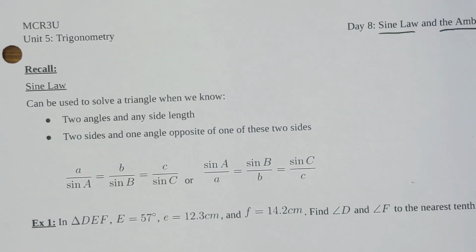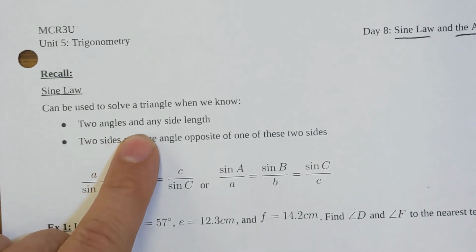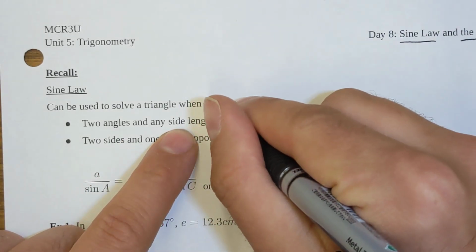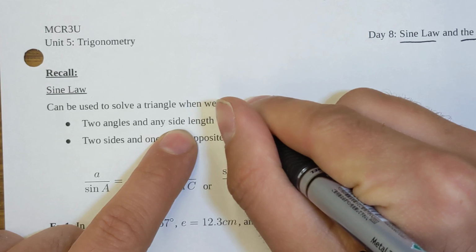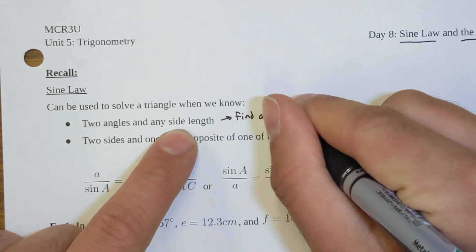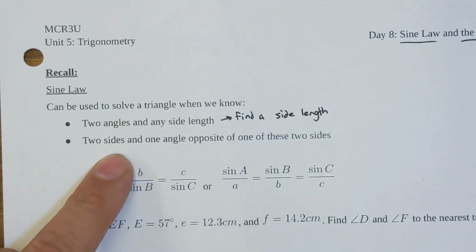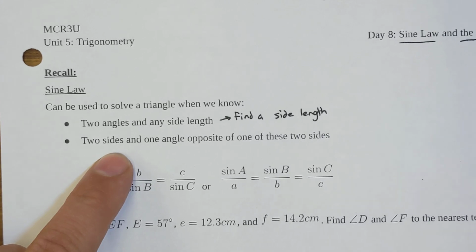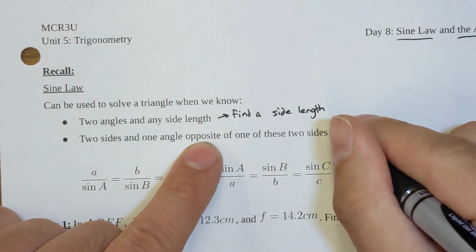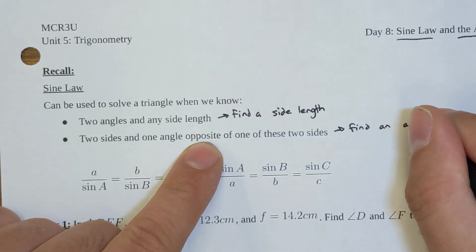So to recall sine law, we use it to solve when we have two angles and any side length. It helps us find a side length, or if we have two sides and one of the angles is opposite one of those two sides, we can use it to find an angle.